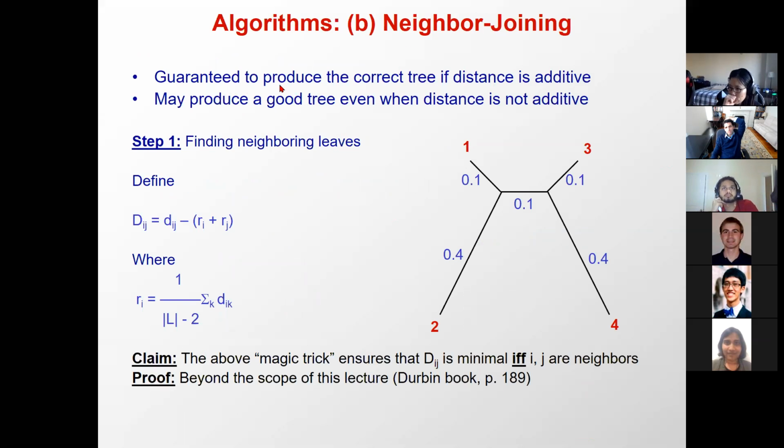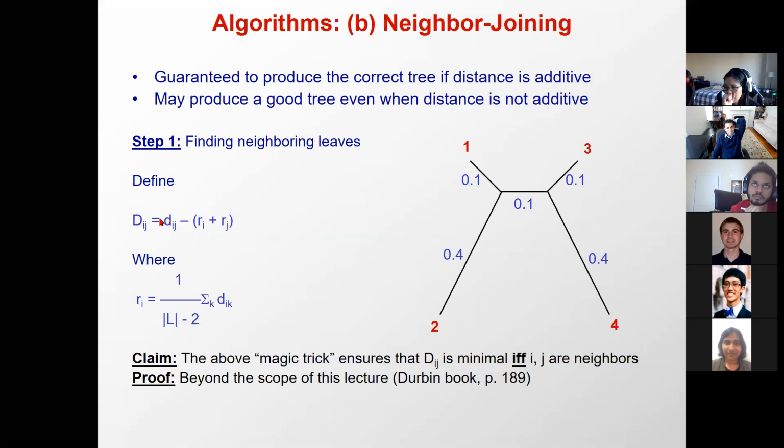Neighbor joining is guaranteed to produce the correct tree if the distance is additive, and it may still produce a good tree even when the distance is not additive. And the key idea is that we're going to be computing a new distance matrix where I'm going to have some kind of promiscuity score for every one of these leaves.